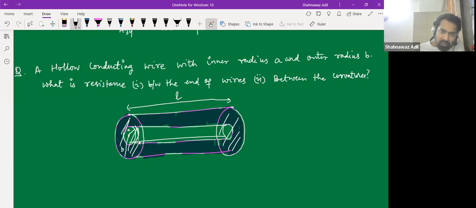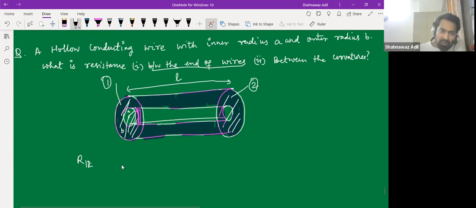Okay, so this I can also paint it out, right? I have to calculate the resistance between, let's say this is 1 and then this is 2. So I have to calculate the resistance between 1 and 2. This is the first question, right?